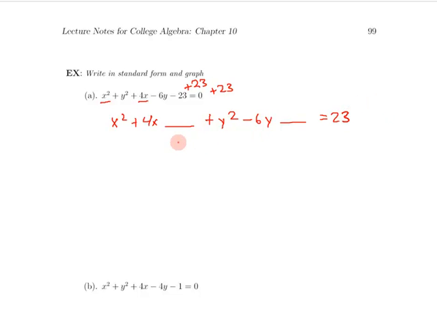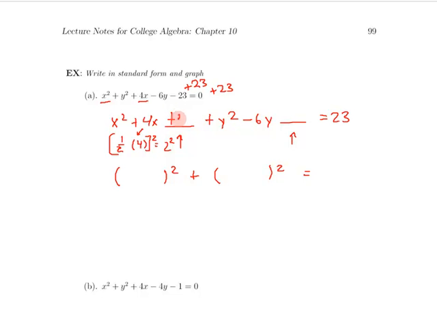Now, to complete the square, we're going to fill in what makes this into something squared. And the same thing here. We're going to fill in what makes that a perfect square. And remember, what you always do is you take 1/2 the middle term and you square it. That's 1/2 of 4, which is 2, squared, which is 4.